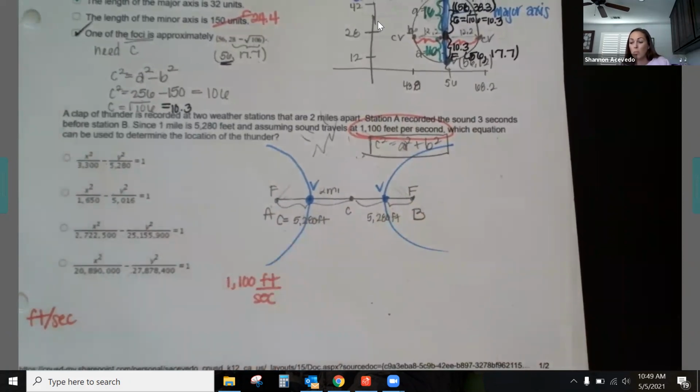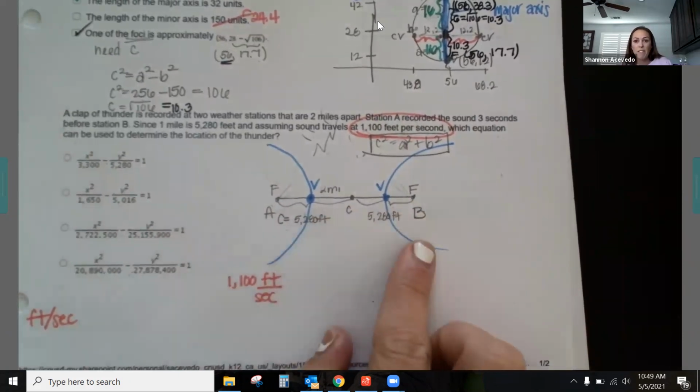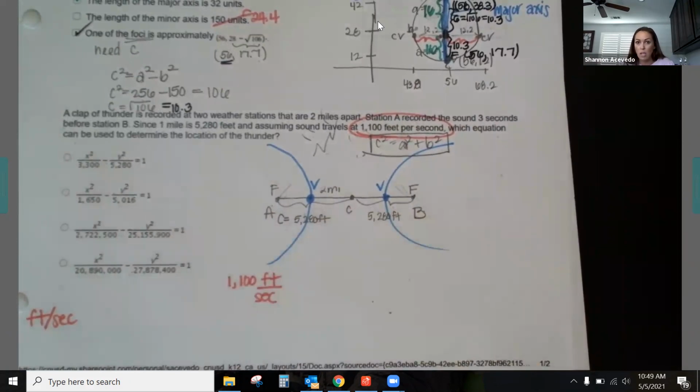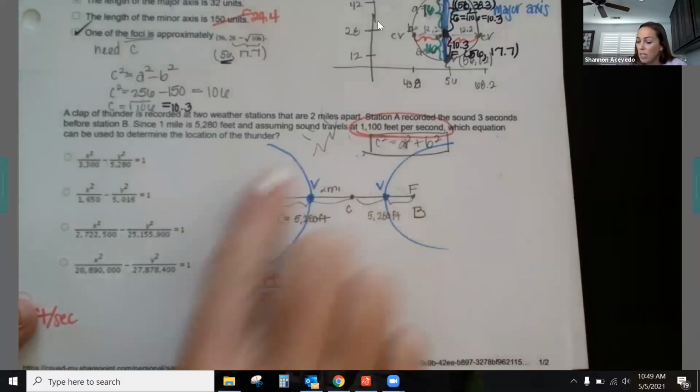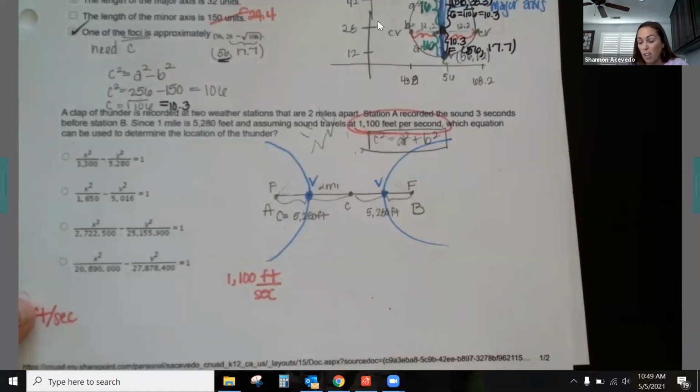Well, when we talk about our graph here, we're in feet. We're not in feet per second. We're looking at just a single linear value here. We're not graphing on the coordinate plane where we'd have feet as our x-axis and seconds as our y-axis. We're looking at this as a linear value, basically.